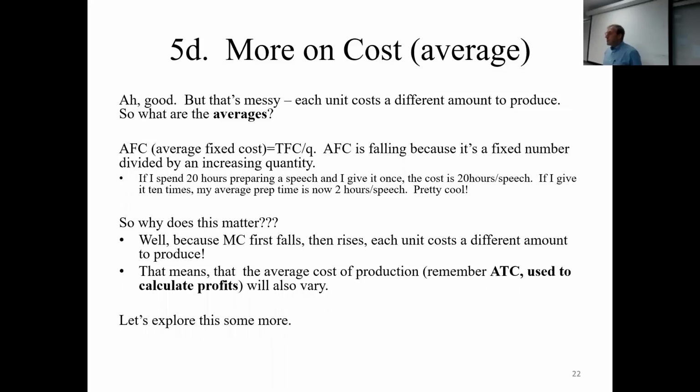Your insurance plus your car payment amounts to $500 per month. I just made that up. If you drive 1 mile, your average fixed cost is going to be $500 for 1 mile. If you drive 500 miles, your average fixed cost is going to be $500 for 500 miles. That means your average fixed cost is going to fall as you produce more and more.